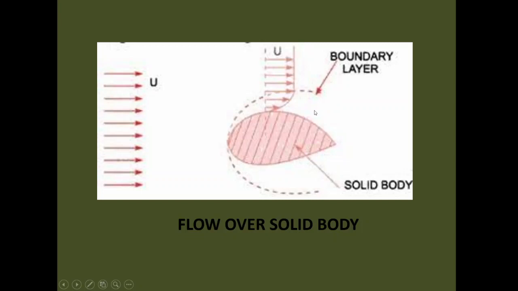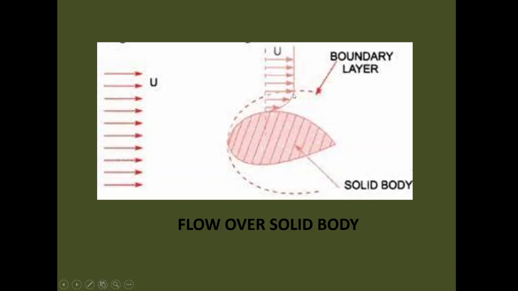This very thin layer of fluid immediately in the neighborhood of the solid boundary, where the velocity varies from 0 to free stream velocity in the direction normal to the boundary, is called the boundary layer.